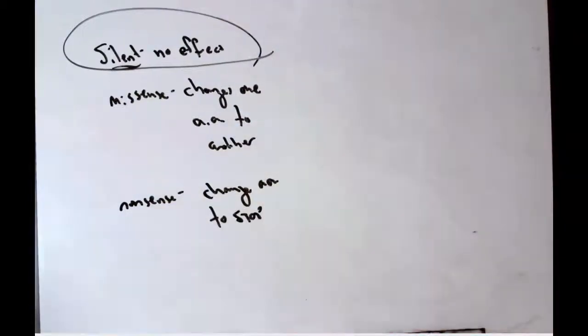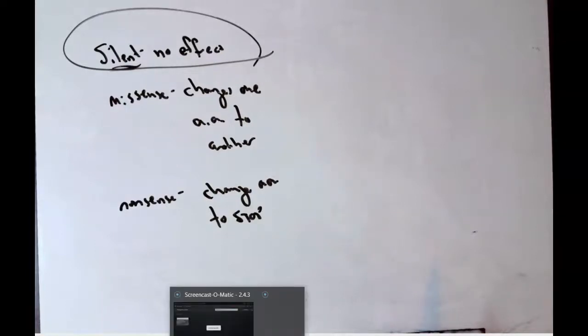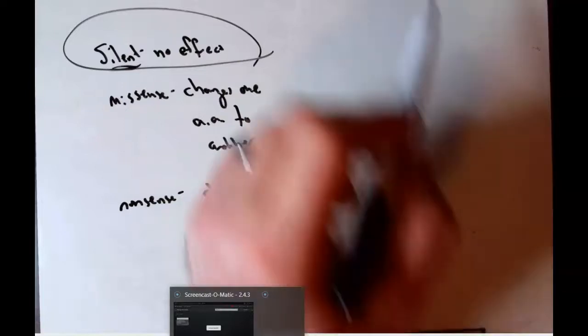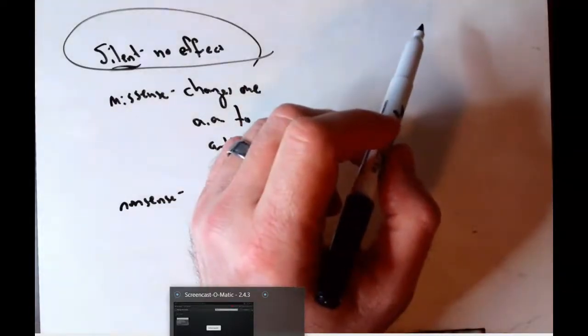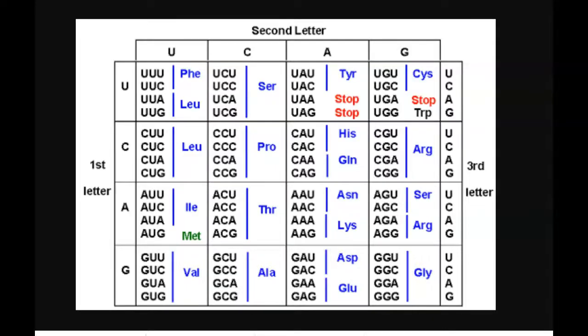Let's go a little bit further here. Let's go with another codon. And now, let's say that in this codon, we are going to mutate a CAT codon, and this time we're going to have a transversion. Let's make it a transversion this time.